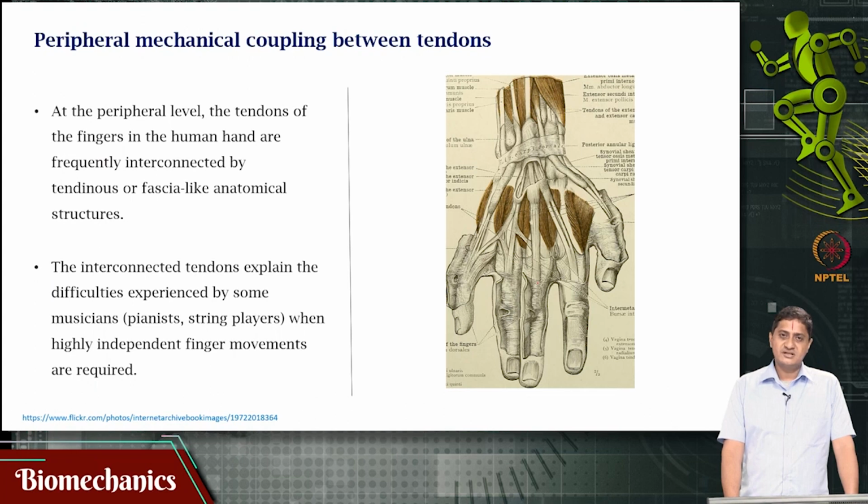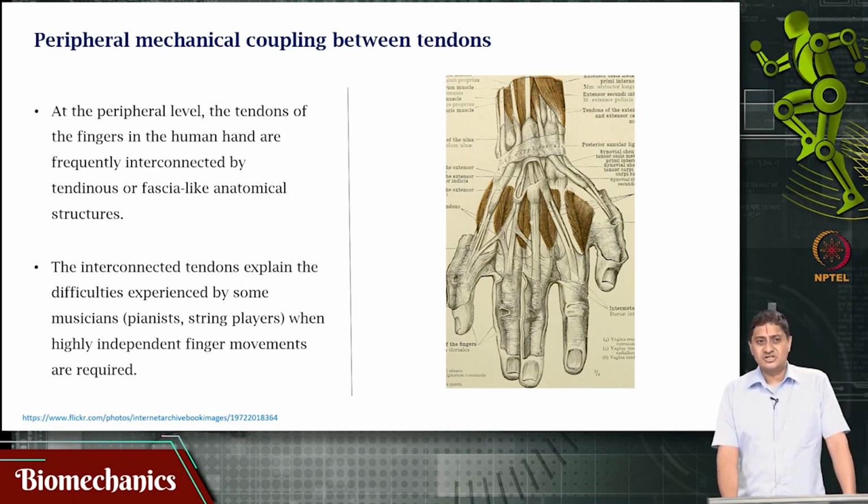So, at the peripheral level, the tendons of the fingers are somehow interconnected by fascia type of anatomical structures, some tissue that interconnect the tendons. Right. These interconnections are perhaps one of the reasons why it is hard to overcome the enslavement and produce the highly independent finger movements that are required in some string musical instruments or maybe piano.